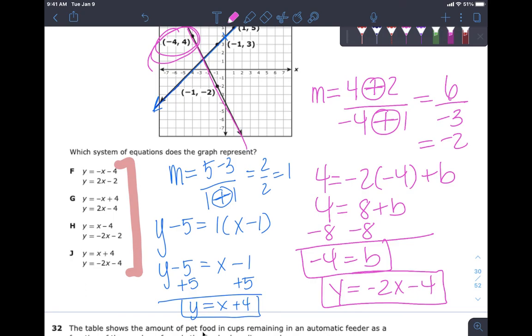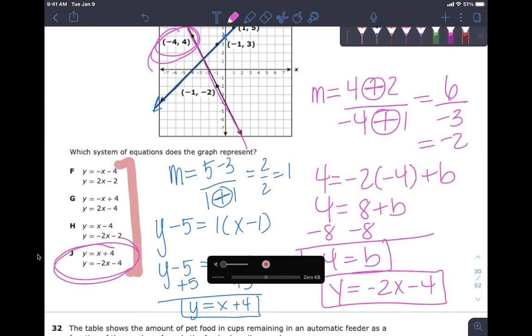If you notice, I have to put it back together using this method, but here I can rearrange it to get the equation directly. So this is really a matter of personal preference. You will get the same answer either way, but I would say go with what makes the most sense to you. So I'm going to look at my answers, and it looks like J is the only one that matches.